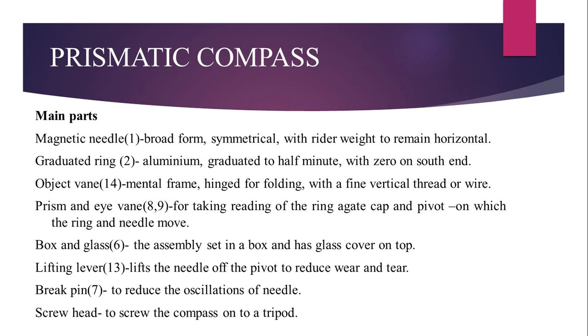Box and glass. The assembly is set in a box and has glass cover on top. Lifting lever lifts the needle off the pivot to reduce wear and tear. Brake pin to reduce the oscillations of needle. Screw head to screw the compass onto a tripod.